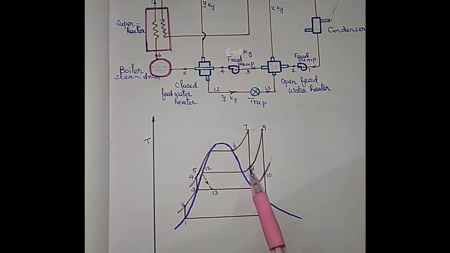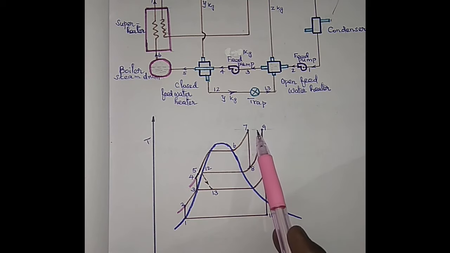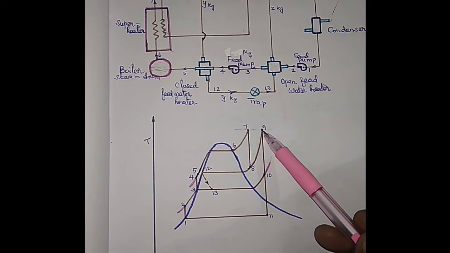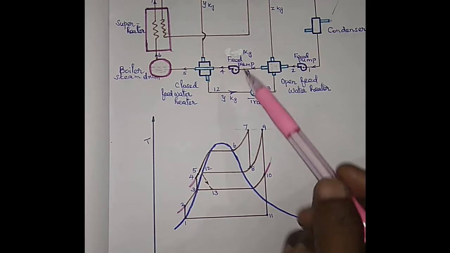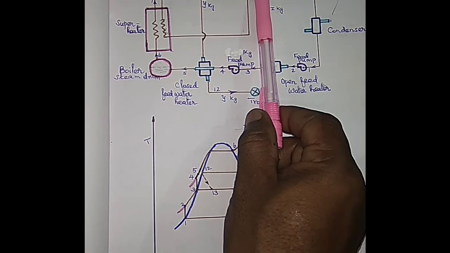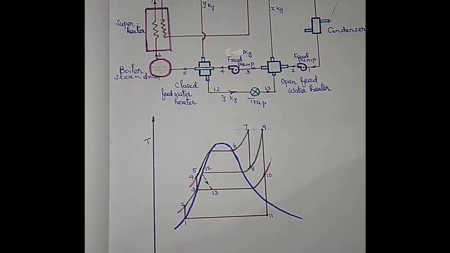But we bring the temperature of this to point number 9, that is, T7 and T9 are equal. And then expansion is done, isentropic expansion from 9 to 11. Can you see, from 9 to 11 the expansion takes place.